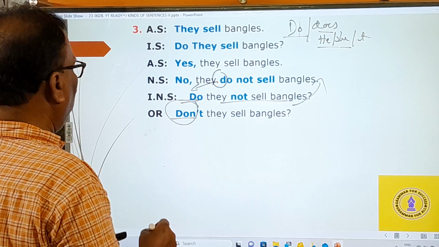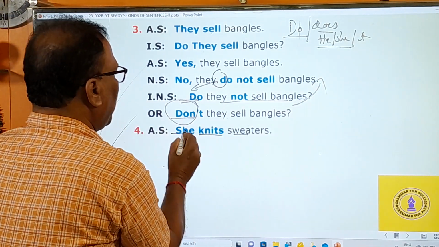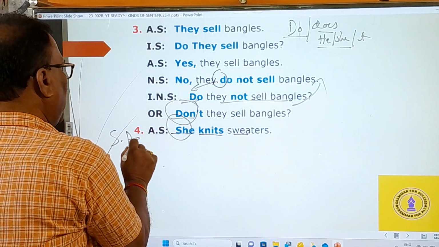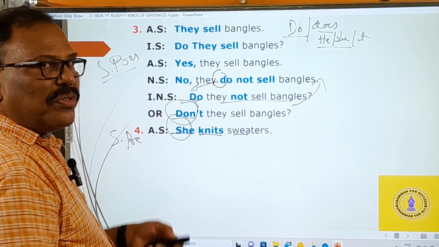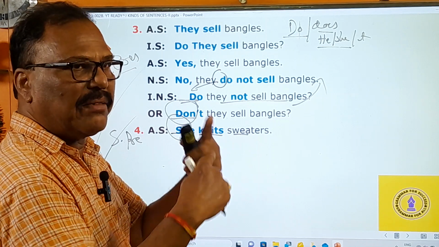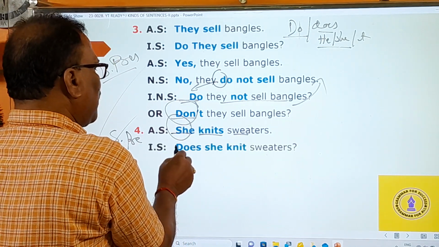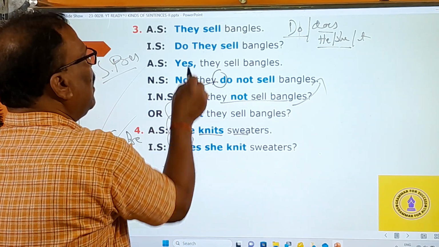Now, one more example I would like to give you here. She knits sweaters. Okay, she. Again, this sentence is in the simple present. She knits sweaters. Interrogative sentence: Does she? Because this is she, we are using does.